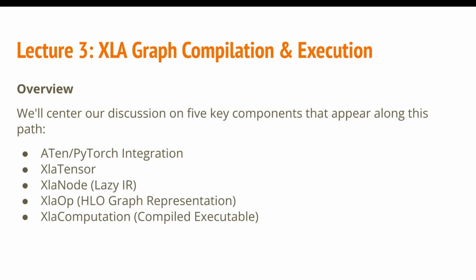We will start with a high-level overview that builds a conceptual model, then deep dive into each entity: what it is, what it does, and how it cooperates with others to achieve the end-to-end compilation and execution.